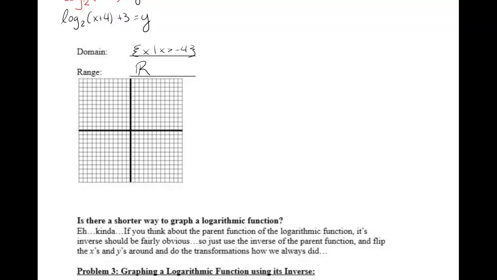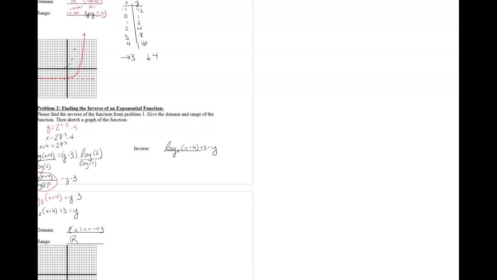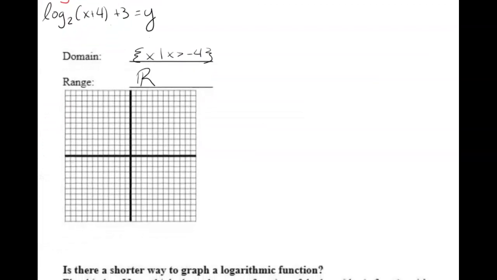Alright, so all I have to do now is basically just flip my x's and my y's from problem 1. So literally go grab your points off the problem 1 graph and flip your x's and your y's, and that should be it. So my asymptote is now at x equals negative 4.